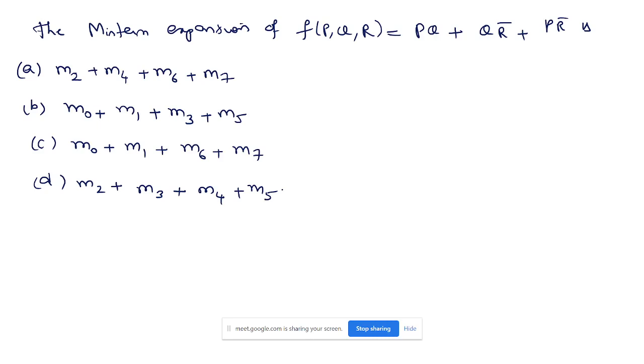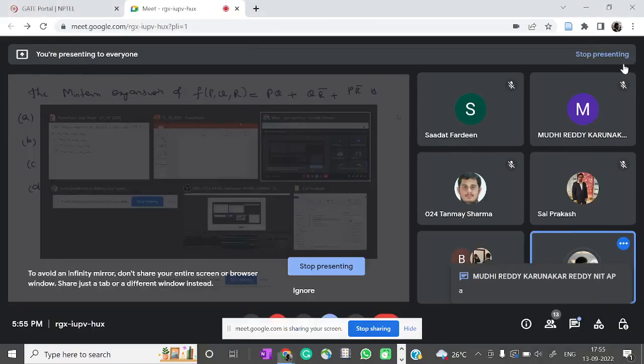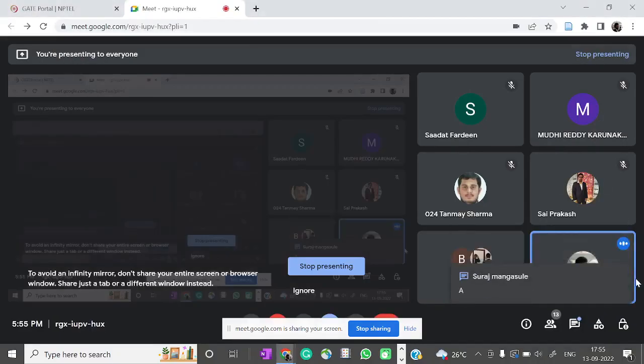I will tell another model also. We will see. Option A.